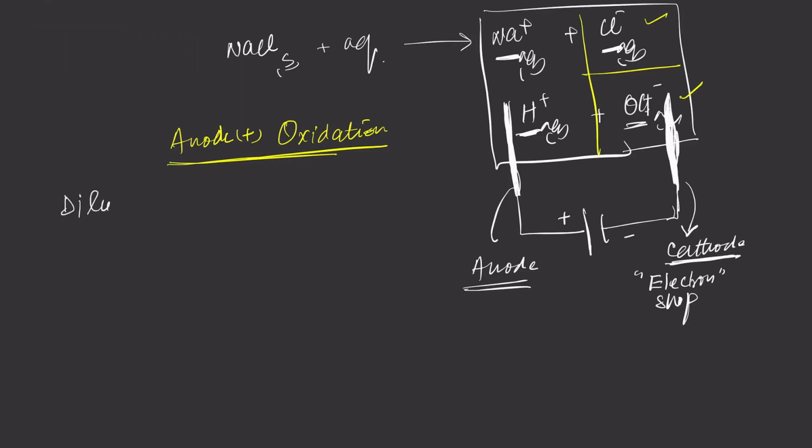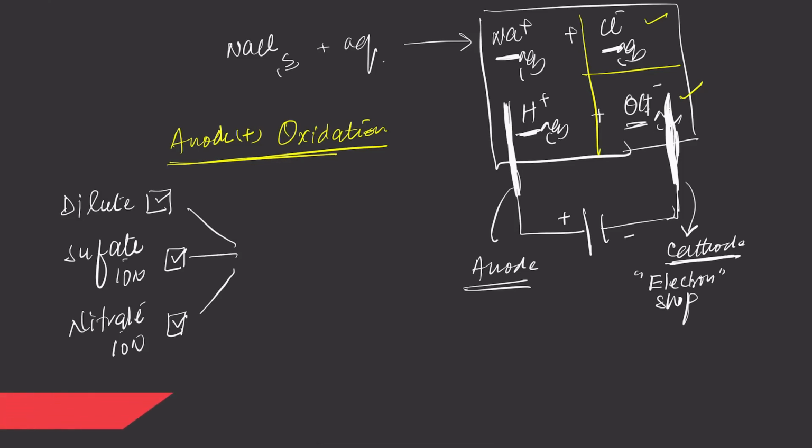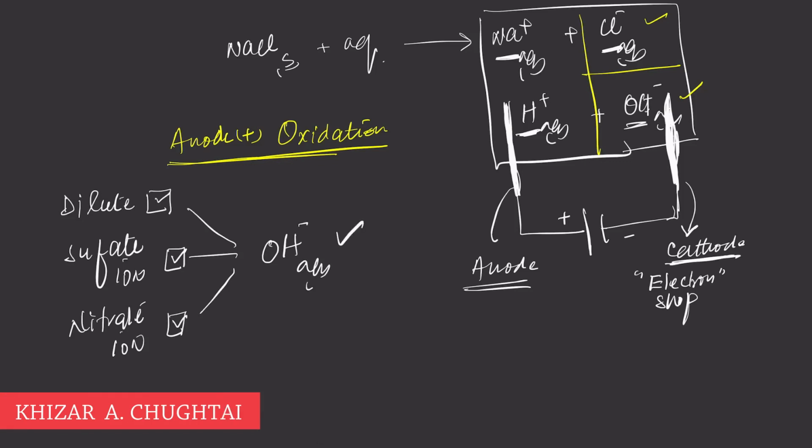If your solution is dilute, if your solution contains sulfate ions, if your solution contains nitrate ions, that is, a dilute solution, or a sulfate solution, or a nitrate solution, the winner will be the OH- (aq) ion.